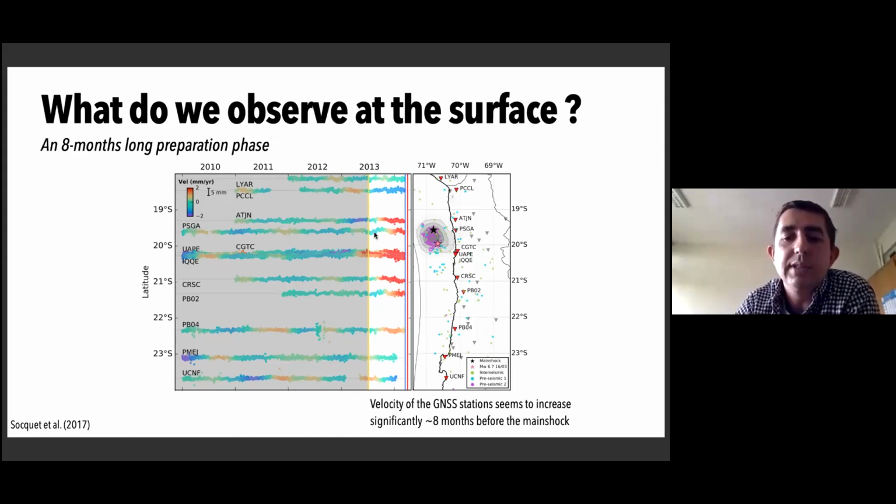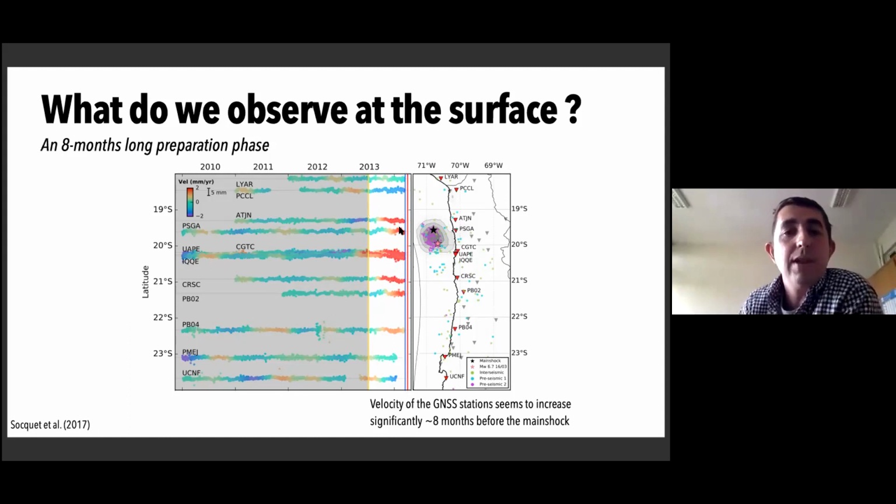This process could be traced back approximately 8 months before the main shock. But most importantly, the main signal was really seen a month or so before the earthquake.